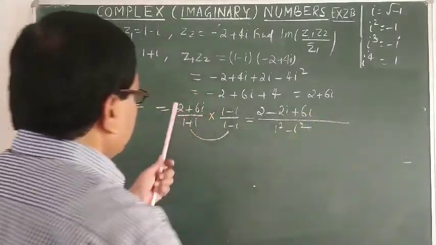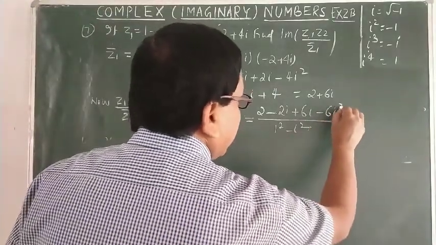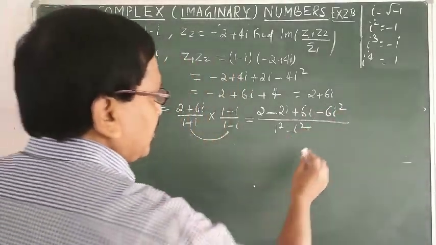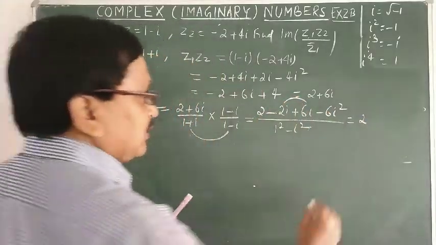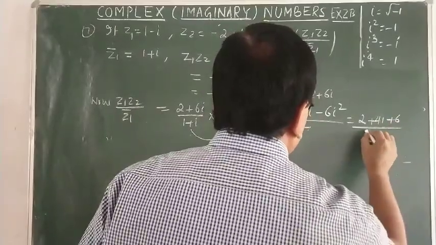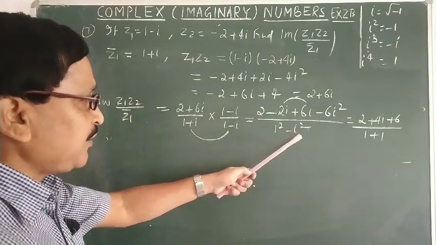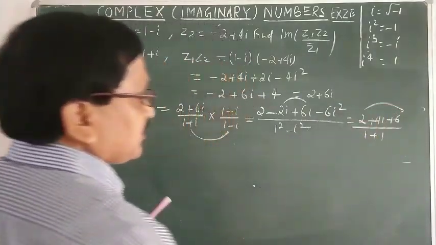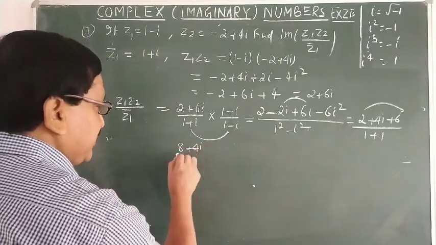6i, 6i minus 6i square. Again use i square is minus 1. So this becomes 2, and when this is composed, this is 4i plus 6 by 1 plus 1. Since i square is equal to minus 1, so this is 1. So 2 and 6, added, is 8 plus 4i by 2.